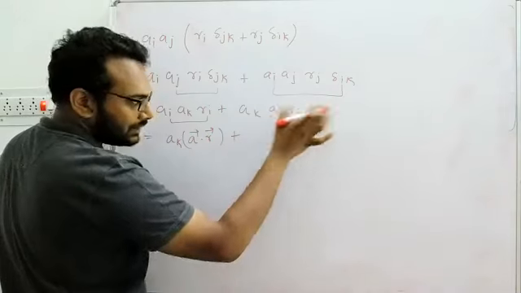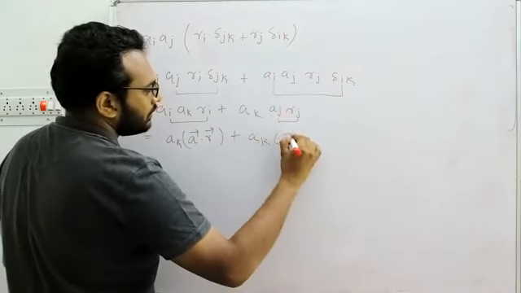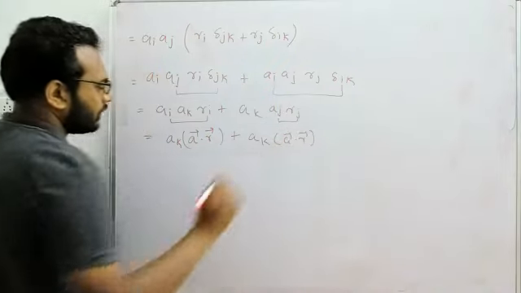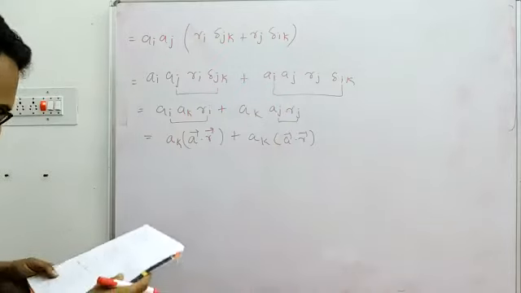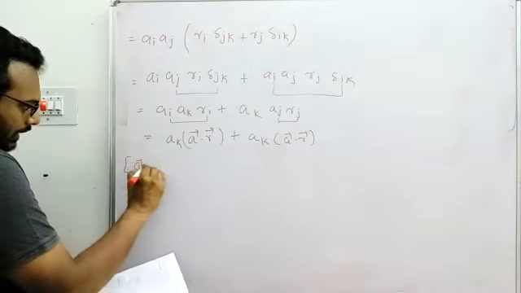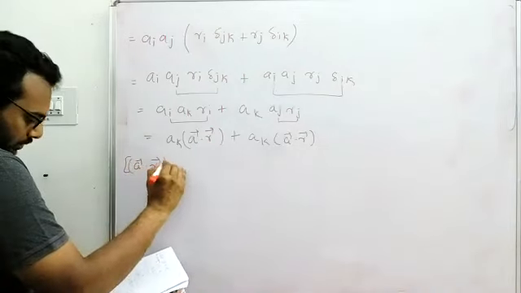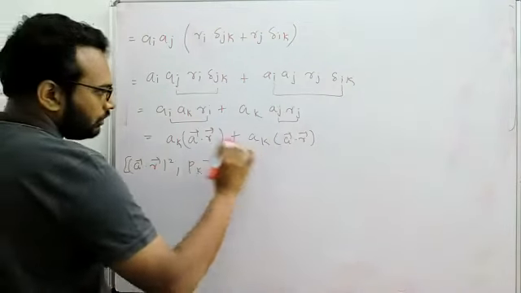There's a sum over j, so that's also A vector dot R vector. Now, what is this result? We found {(A·R)², P_k}, which was just one component, is equal to 2 A_k (A·R), since these two terms are the same.